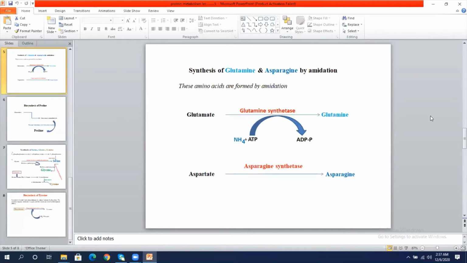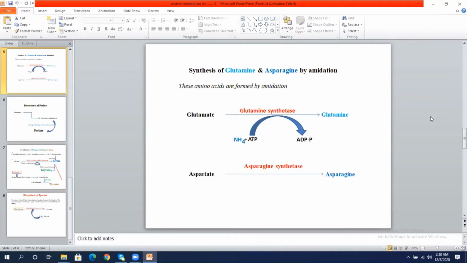In another reaction, synthesis of glutamine and asparagine occurs by amidation. These amino acids are formed by amidation. Glutamate receives an amino group to form glutamine with the help of the enzyme glutamine synthetase.